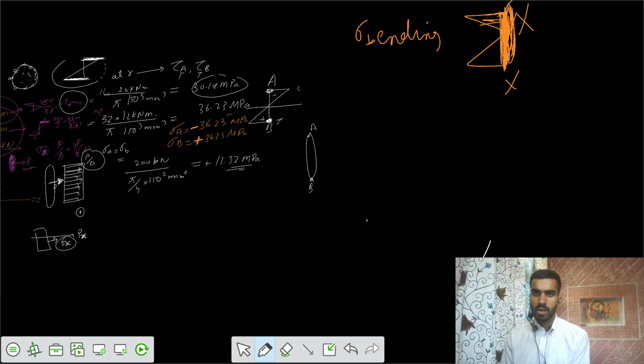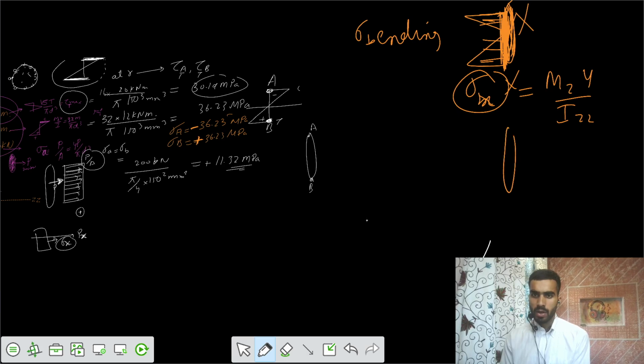That is sigma x equals Mz y by Izz. Similarly, you have this cross section where you are applying load P, so Px by A equals sigma x. Now you need to say whether it's positive or negative, tensile or compressive. You need to see that.